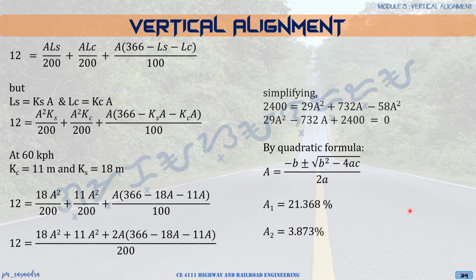Which of these are we going to use? We are not going to use 21.368, because the slope is too steep and we do not want a very steep slope in our design. So our governing A will be 3.873, which is our economizing alignment. For our computation, AC is equal to AS.